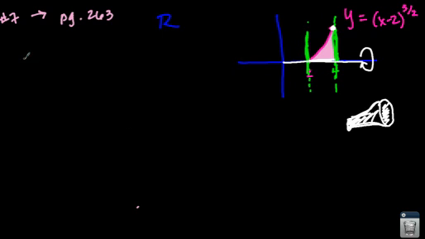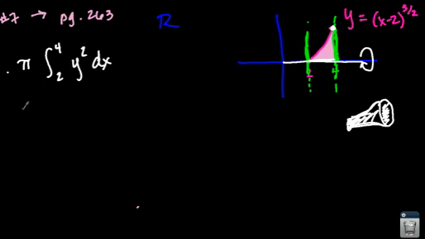So all we're going to do now is set up our volume integral. We're going to say pi, and we're going from 2 to 4 on the x-axis, and we need to sub in y squared dx. So basically we need to plug in this equation, and then we're going to square it.